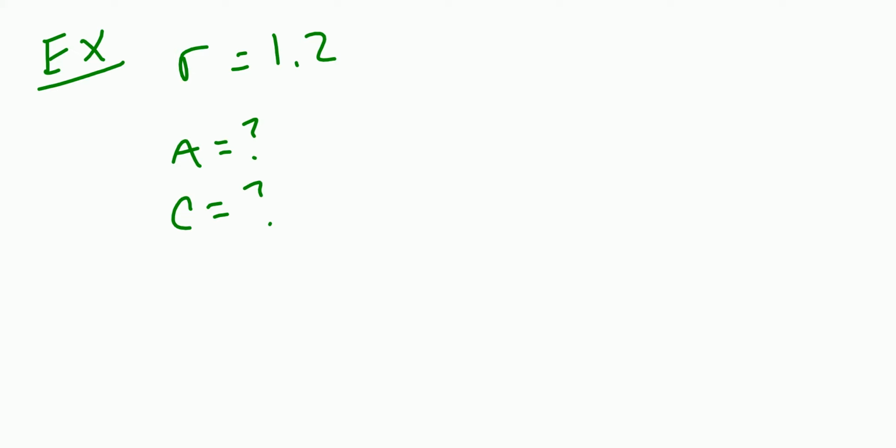Alright, so if radius is 1.2, then to find circumference, we would do 2 times 1.2 times pi. And make sure when you're doing this that you're not substituting in the calculator, you're not saying that pi is 3.14. I prefer if you guys use the actual pi button on your calculator, which is right above the division button.